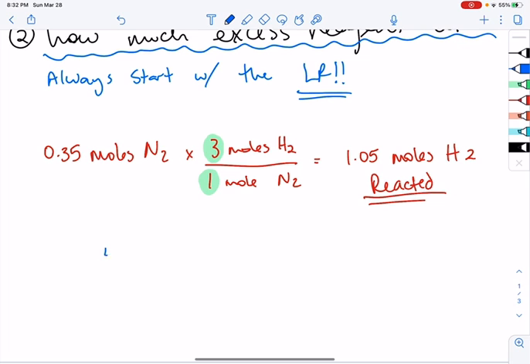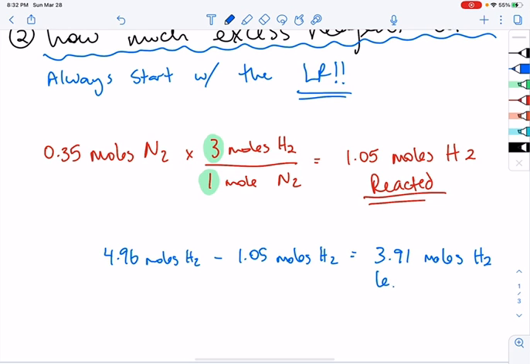So 4.96 moles of hydrogen minus 1.05 moles of hydrogen leaves us with 3.91 moles of hydrogen left over, unreacted.